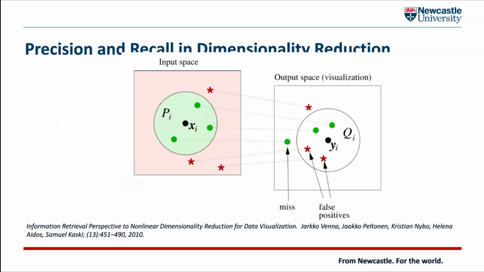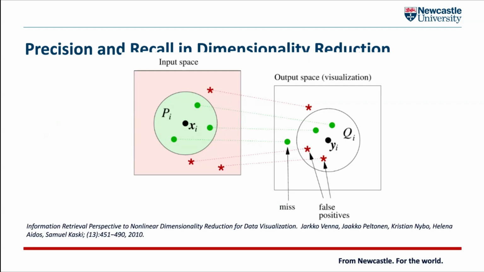So we can look again at dimensionality reduction. Now we're using a machine learning metric, and we're going to make a dimensionality reduction method around it. In this particular case, we have a high dimensional input space, and we have a point i in that space with a hypersphere around it.